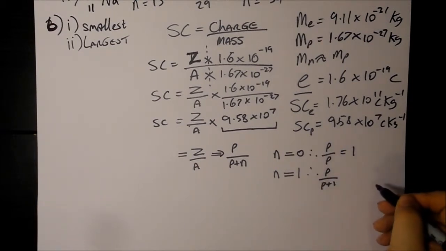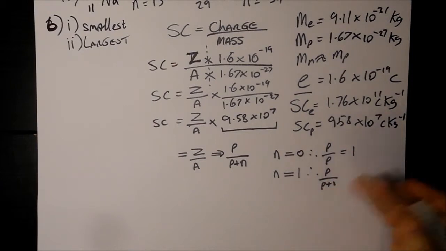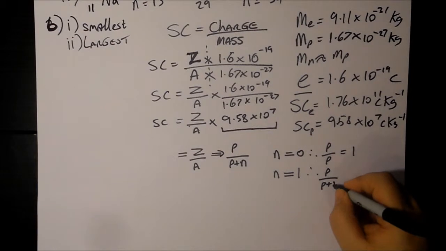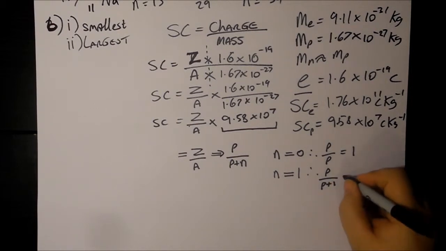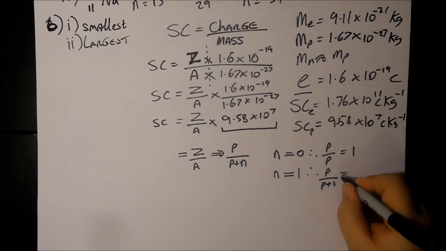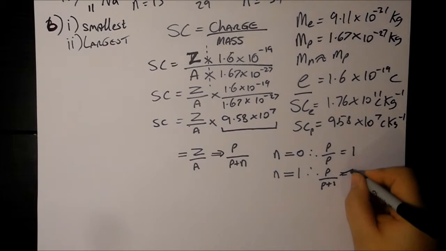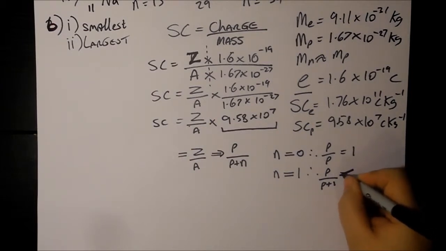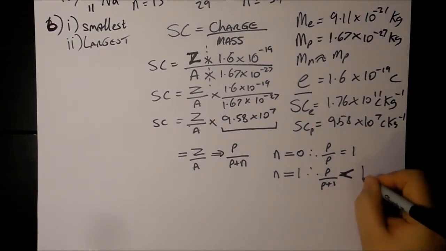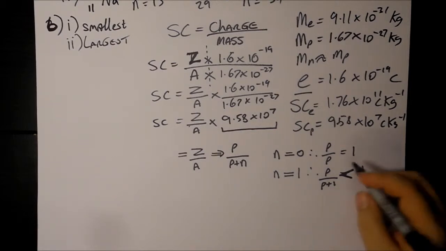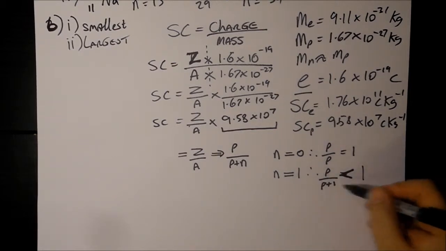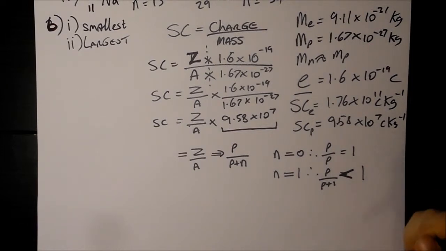Or if this was just N, you give it a random value N, it would be P plus N. Now, that means the number here is going to be divided by a number that's just slightly bigger than that number, and that's always going to give you an answer. The number you get out of that is always going to be slightly less than 1. Depending on how big this number, it could be a lot less than 1, but at this point here, just N is 1, it'll be slightly less than 1, but it will definitely be less than 1.